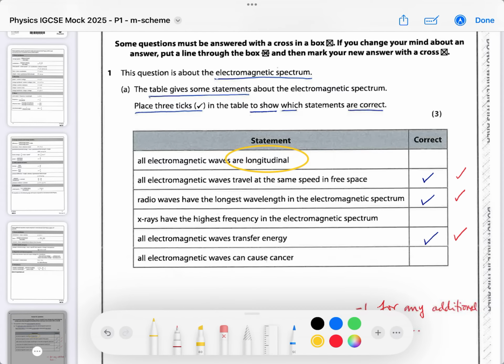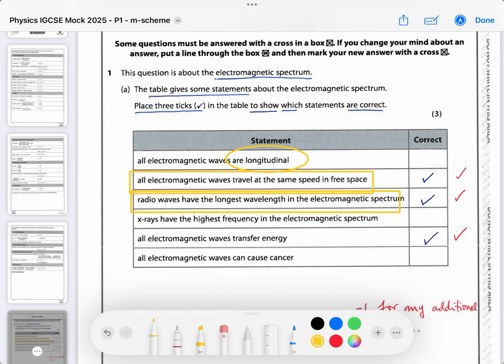Electromagnetic waves travel through empty space. So free space, they mean in a vacuum. This one is correct, and that's at the speed of light. Radio waves are the longest wavelength in the spectrum, and the shortest wavelengths are gamma rays.